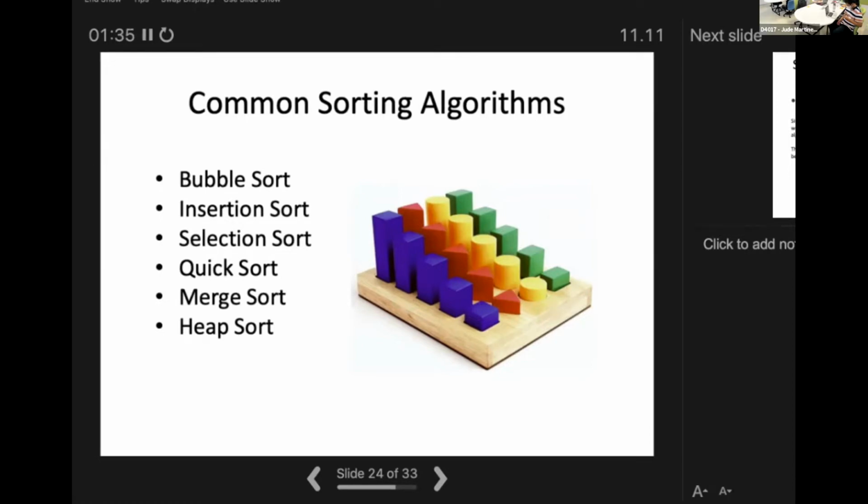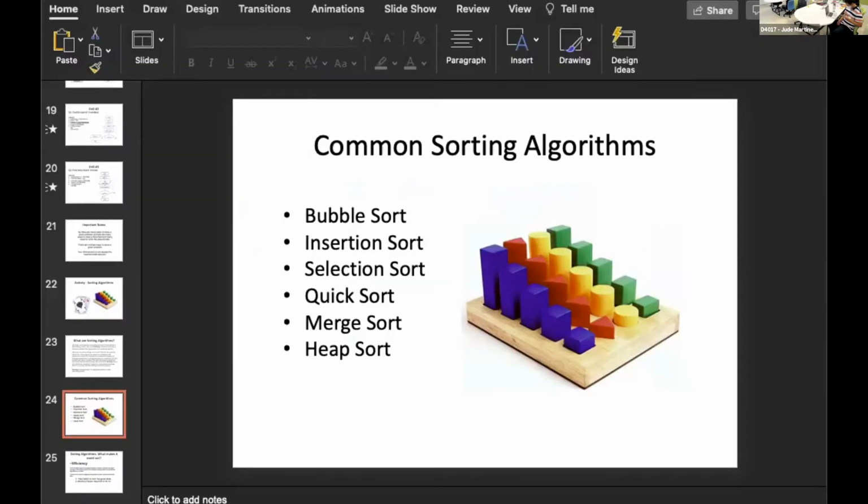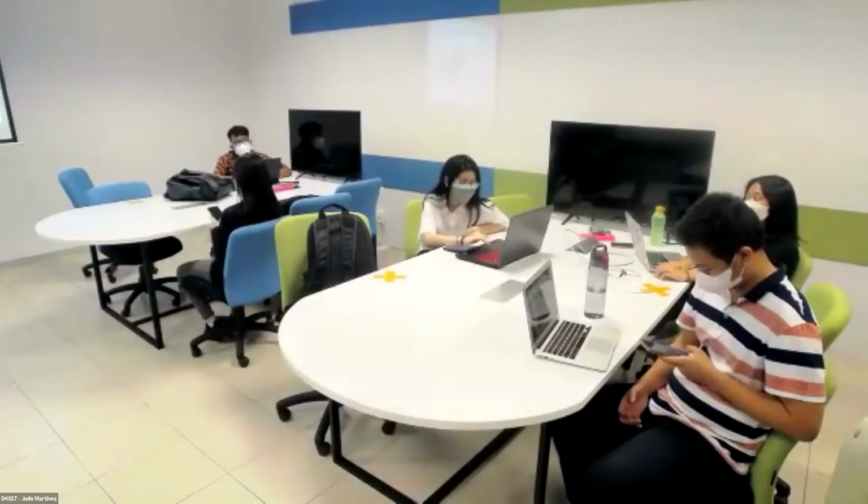However, stop sharing. Okay, guys. Everyone's allowed to share screen, so no problem. So we start off with the representative of FL1. May I know who the representative of FL1 is?